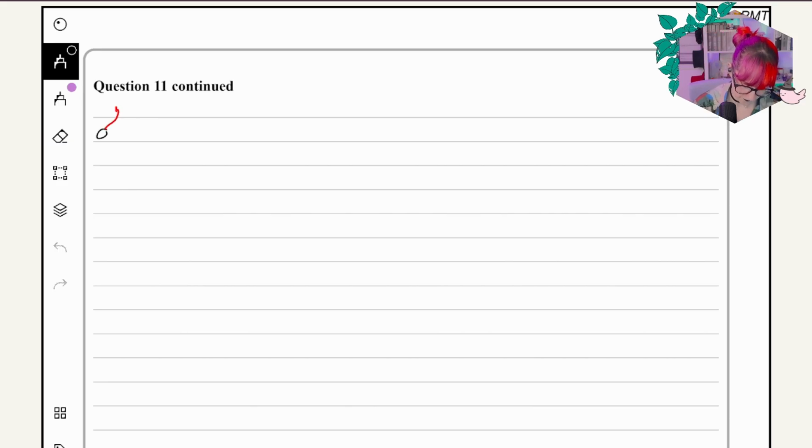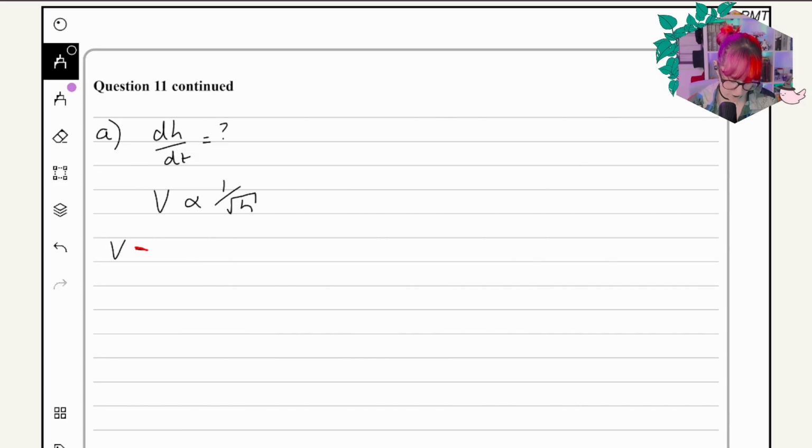So part A. We're looking for dH/dt equals what? We get told that v is proportional to 1 over the square root of h. And actually, we can work out v in terms of h. So v is the volume, and it's the volume of water, right?